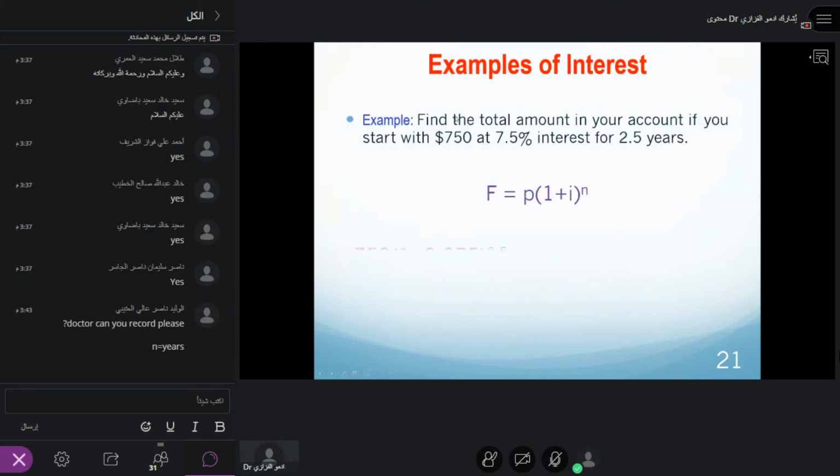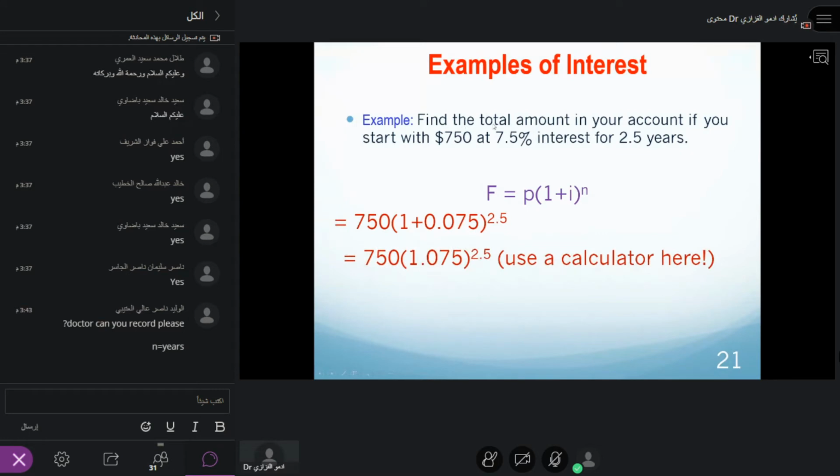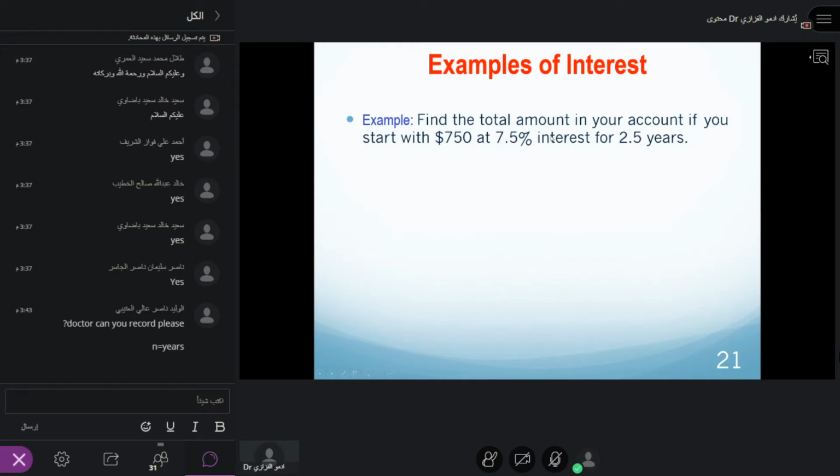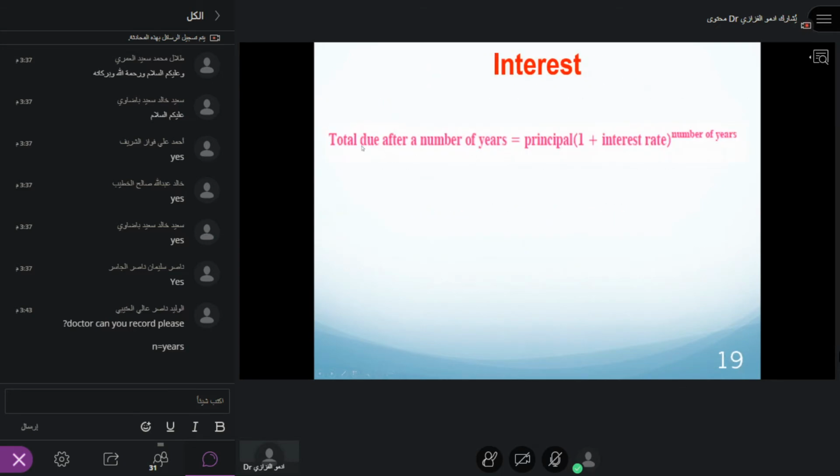So this is another example that is asking you to find the total amount in your account if you start with 750 at a 7.5% interest rate for 2.5 years. If you remember, the total amount of money after some years will be equal to the principal multiplied by 1 plus the interest rate raised to the power of the number of years.